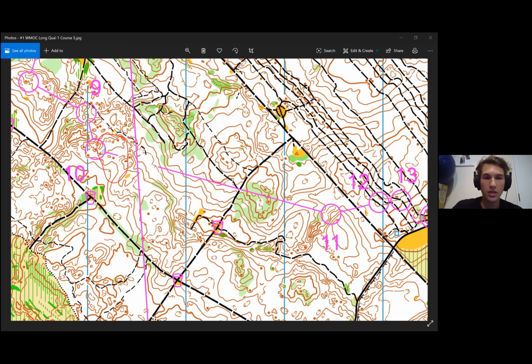So the next part I'm thinking about is the simplification. How can I make 10 to 11 as easy as possible for me? I'm not trying to go out there and be a hero and go perfectly on the straight line the whole way and nail number 11. I'm trying to make it as easy as possible for myself. So the things I'm thinking about, there's this high area that I mentioned at the start, so there's a hill there.